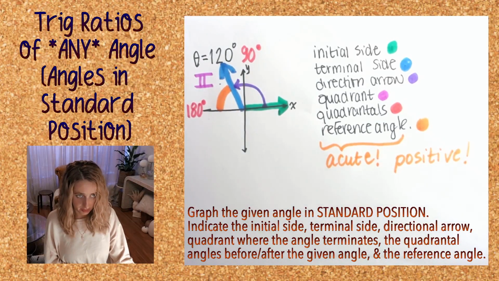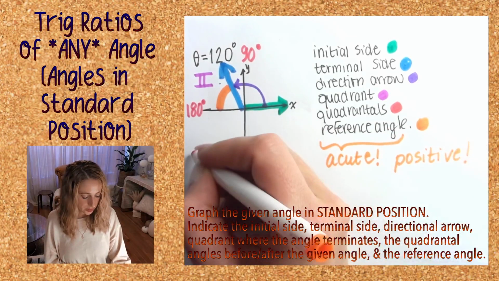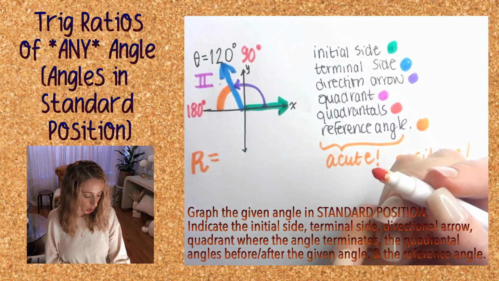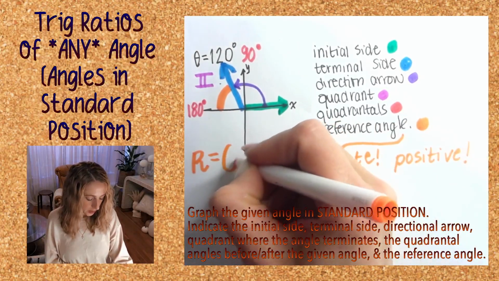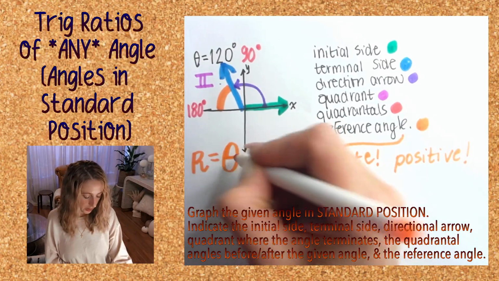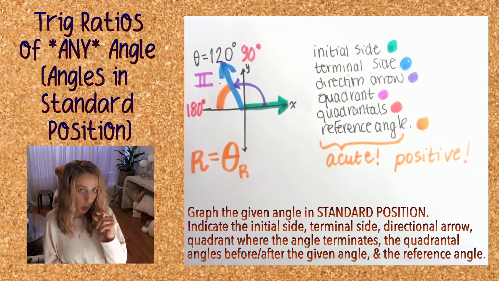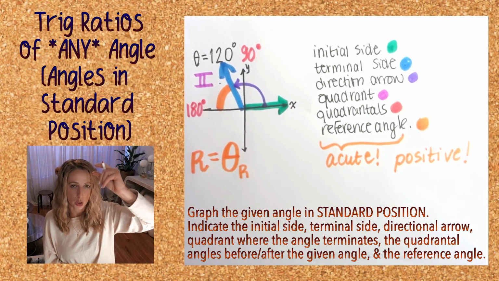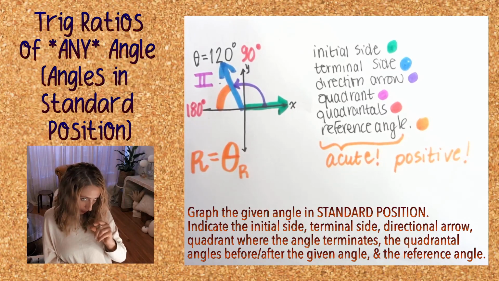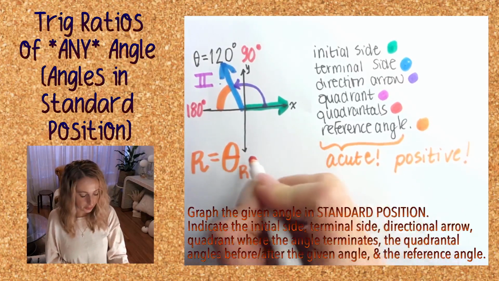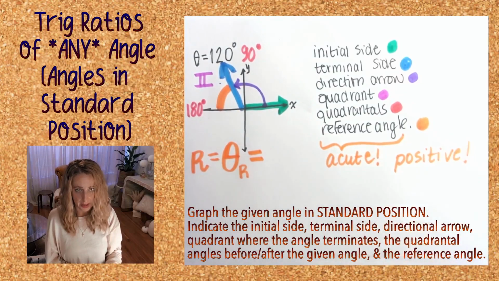Don't think that it's negative for any time or reason. If you want to use a capital R to indicate the measure of your reference angle, you can. I tend to like to use another theta, and I make it a subscript, a little below, versus an exponent, which is a superscript. A little baby R for reference angle. So I'm saying, reference angle, which one? And I want to know, how big is that?